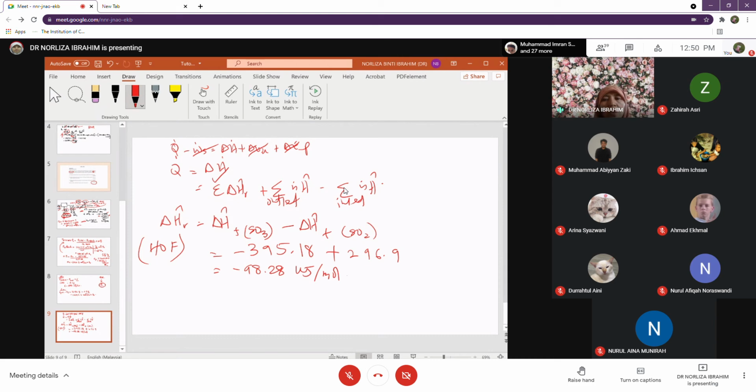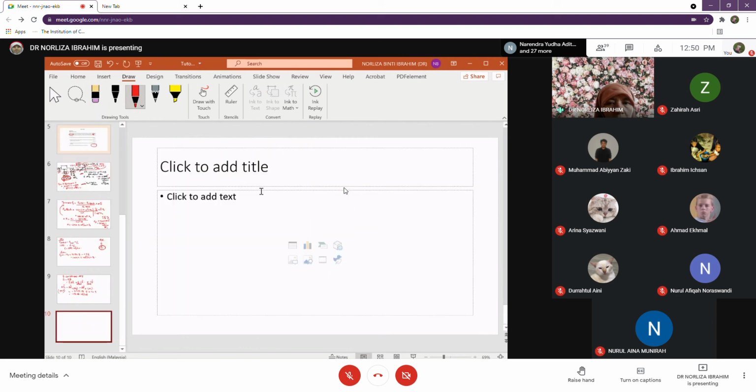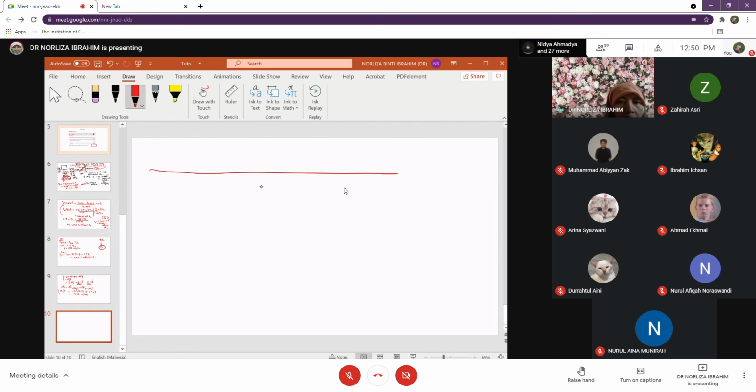Okay, so next what to do? You need to draw the inlet outlet enthalpy table. You write down all the components: SO2, oxygen, nitrogen, SO3.